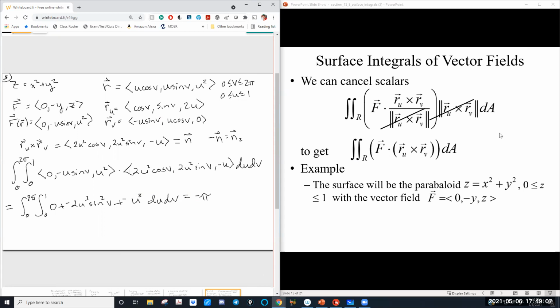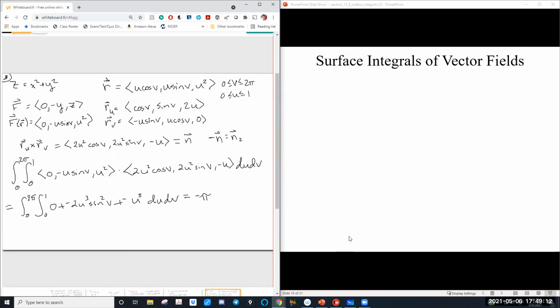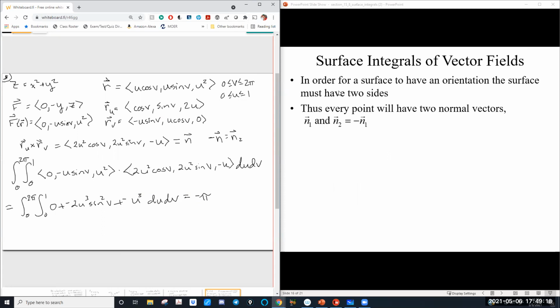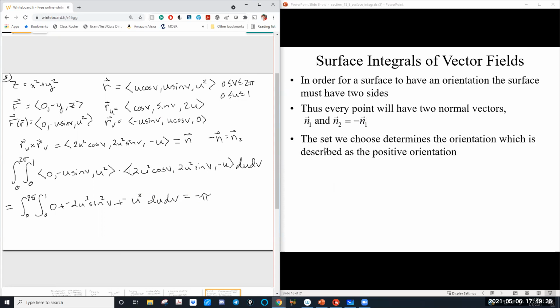All right, so we talked about that. Let's talk a little bit more about the orientation. Every point on a surface has two normal vectors, right? One going in one direction of the surface, one going in the other.